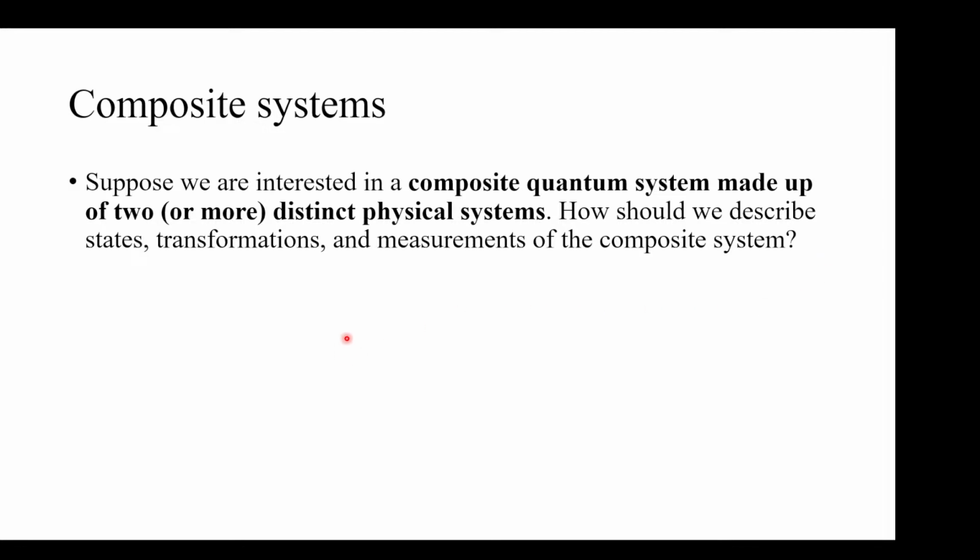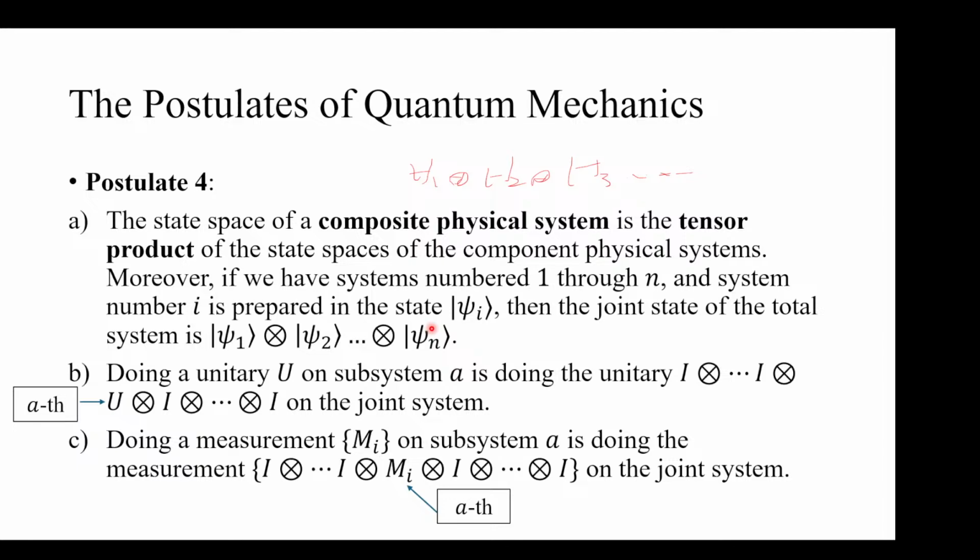We describe a quantum system by its state space, its transformations, and its measurements. So we need to write what the state space, transformations, and measurements are.